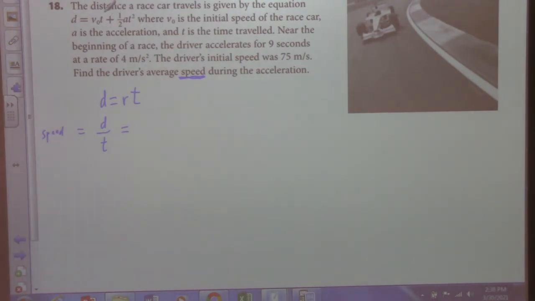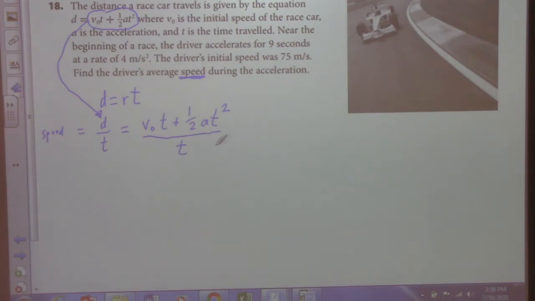Okay, what I'm going to do is I'm going to recommend taking this thing right here and replacing this right here. You see what I'm doing? So how would we write that out? V sub 0 t plus 1/2 at squared over t, which is a rational expression that is distance over time.